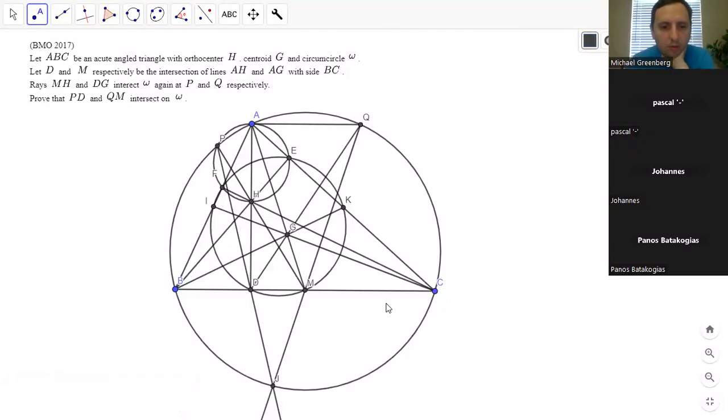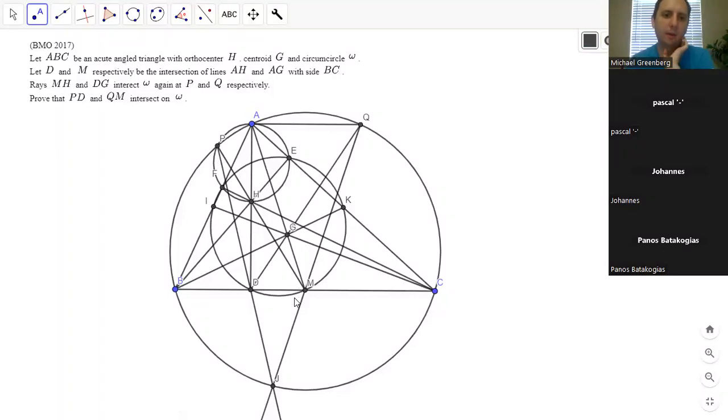So you have that the angle DJM is 180 minus JDM minus JMD. And JDM is PAM, because that's cyclic. Okay. And JMD is QMC, which is MQA, and that's MAQ. So that proves that J lies on the circle.